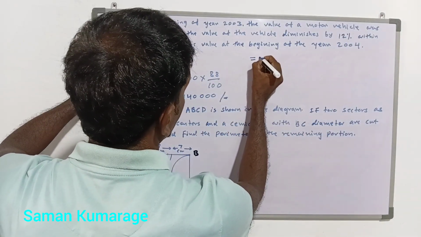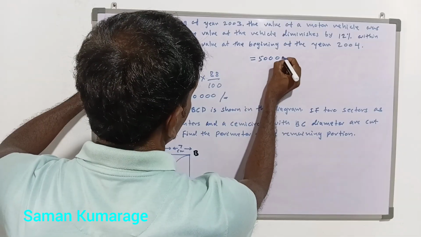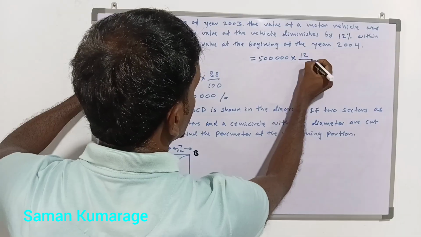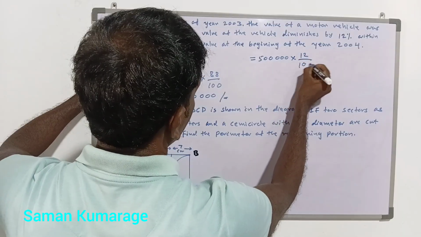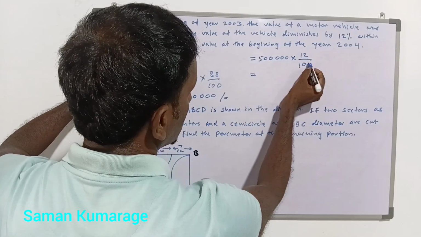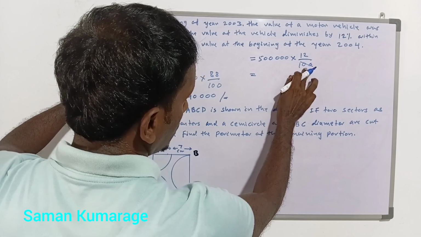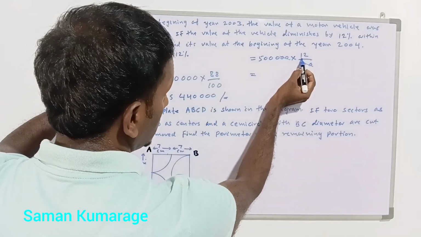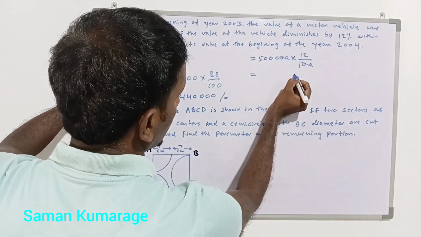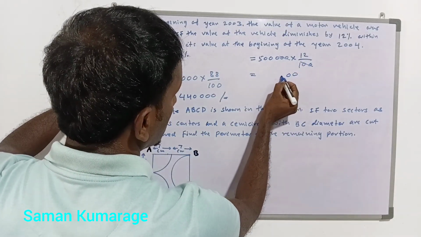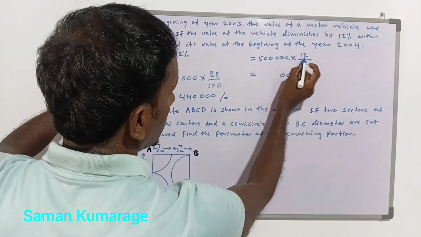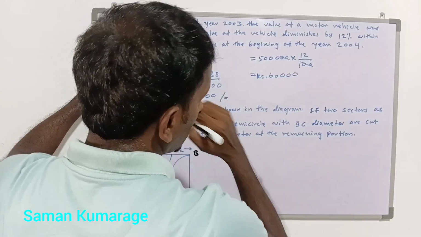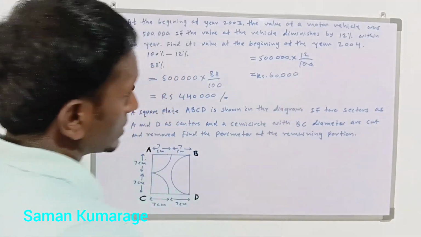For that we multiply 500,000 by 12 over 100. We can cancel 2 zeros for these 2 zeros and then multiply by 12. 12 times 0, 0, 0, 3 zeros, and 12 times 5, 60. So it will be 60,000 rupees.